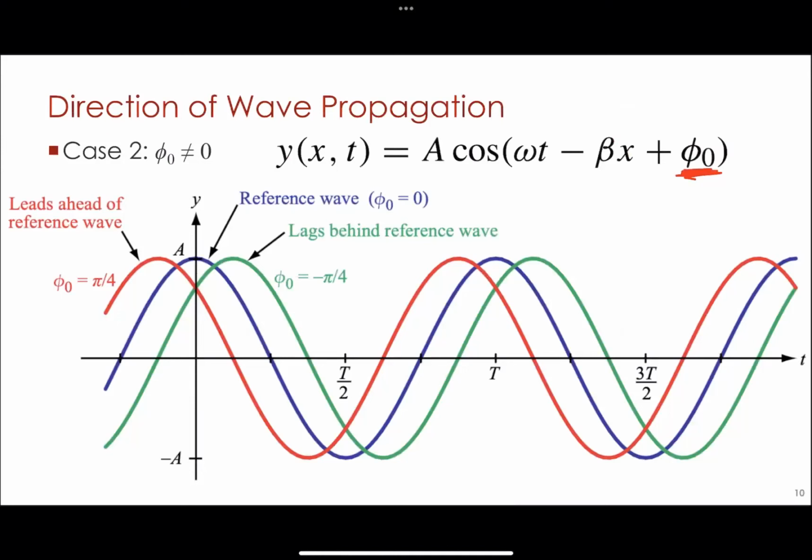So really, if you just remember it's a shift, then all you need to think about is is it a shift to the left or to the right, if it's positive or negative, okay? Initially, you might think, oh, if it's plus, then it should get shifted to the right? But it's the opposite, okay? If phi 0 is a positive number, it's a shift to the left.